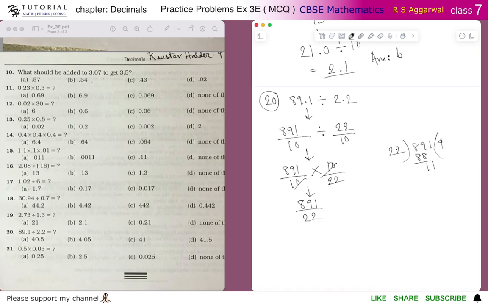Okay, now we have to put a decimal point to the right of the dividend as well as to the right of the quotient, add a 0 to the right of the dividend, add a 0 to the remainder, and this becomes 110. So this is 4.5 is the result.